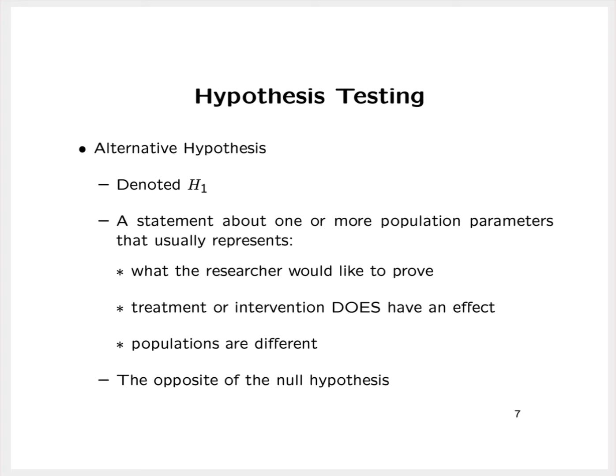The alternative hypothesis, denoted usually by H sub 1, but sometimes by H sub A, is a statement about one or more population parameters that usually represents what the researcher would like to prove. The treatment or intervention does have an effect, or the populations being compared are in fact different. Now, we always have to keep in mind that the alternative hypothesis will always be the opposite of the null hypothesis.